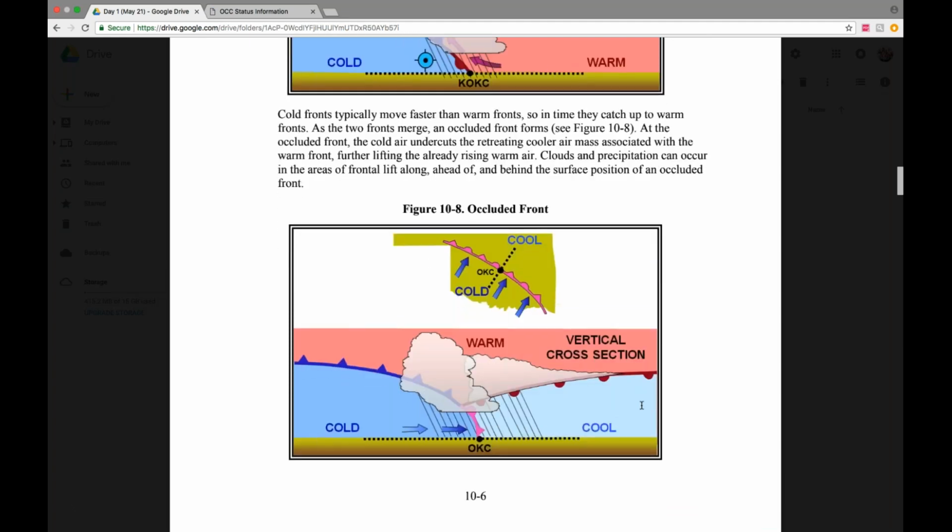So this occluded front is what you were talking about, where you have a cold air mass catching up to a cold air mass here, right? And we have a warm air mass over the top. So as this cold air mass overtakes the warm air mass, and this cold air mass is trying to connect, it creates this really violent area of thunderstorms.